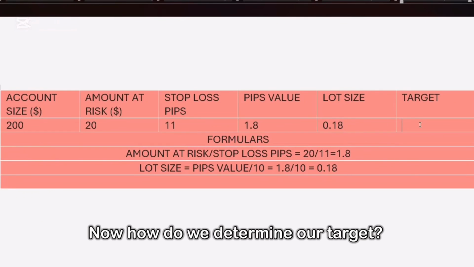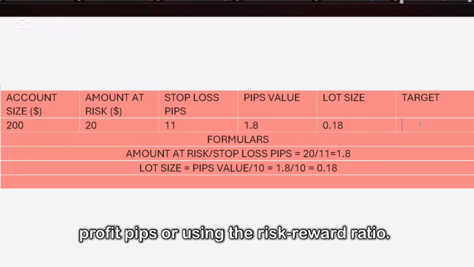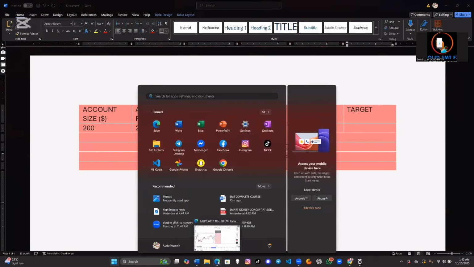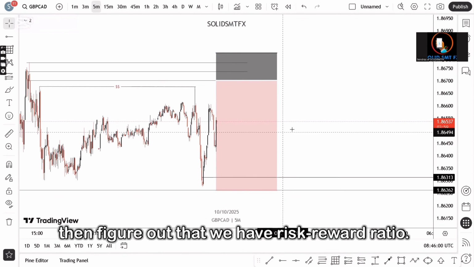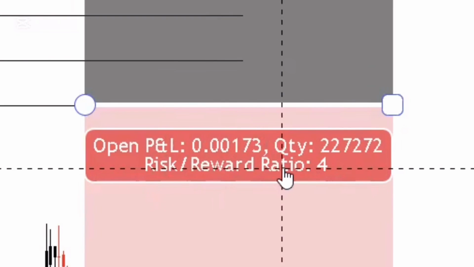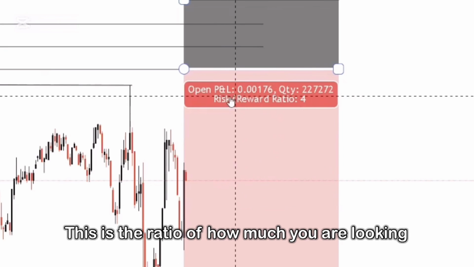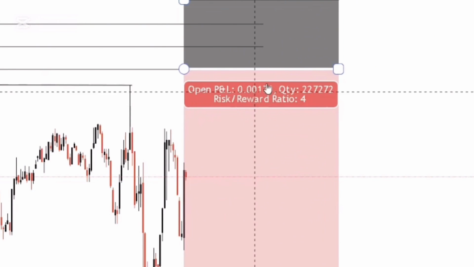Now, how do we determine our target? Our target can either be determined by take profit pips or using the risk reward ratio. How do we do that? If you check this analysis here, you will figure out that we have the risk/reward ratio. This is the ratio of how much you are looking to risk in the market to how much you are targeting in the market.